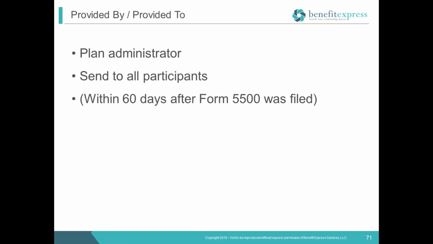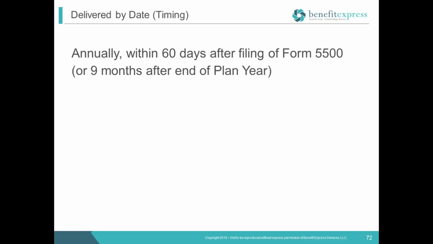It has to be prepared by the plan administrator, sent to all plan participants, and it's got to be given out within 60 days after the Form 5500 is filed. Now, the 5500 is due at the end of the 7th month after the plan year ends. So it's given out about 9 months after your plan year ends. So annually within 60 days, which is 9 months, as I just indicated.